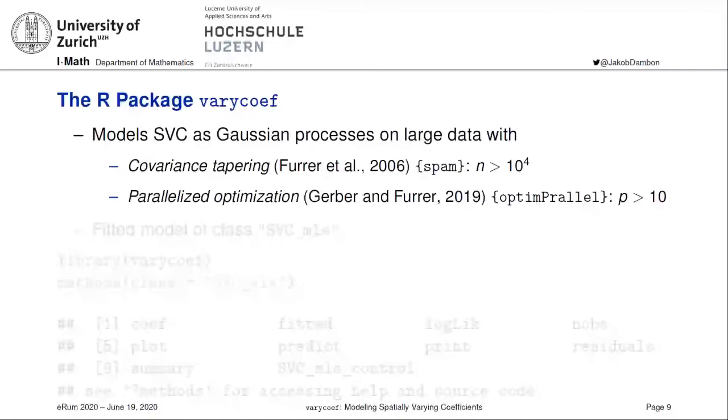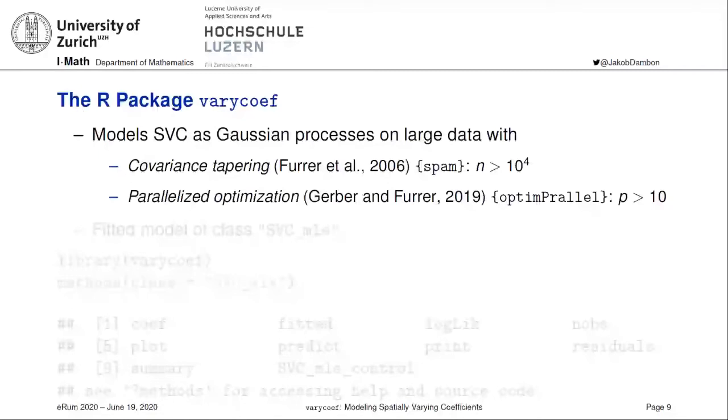On the one side, we have covariance tapering, which introduces sparse matrices, which are beneficial because they reduce the computation time within an optimization process. The maximum likelihood estimation is a numeric optimization in our case, and this optimization is also parallelized.